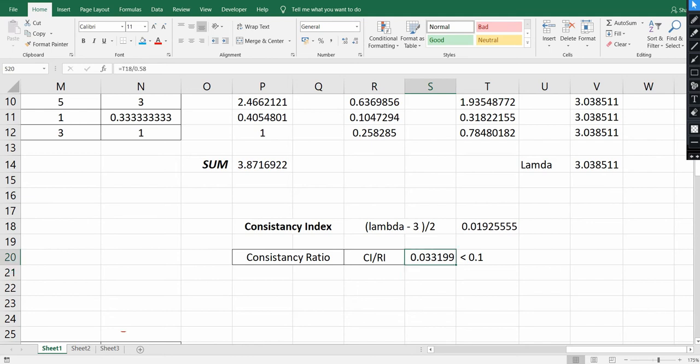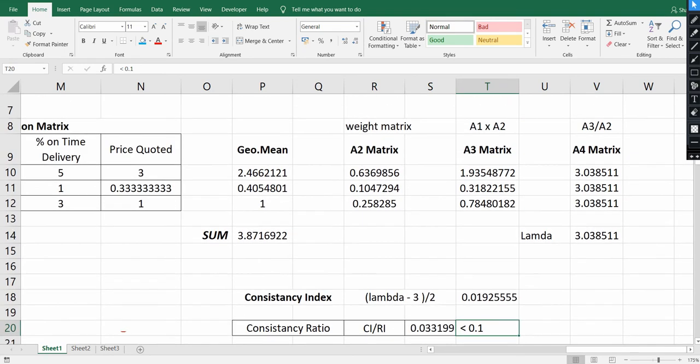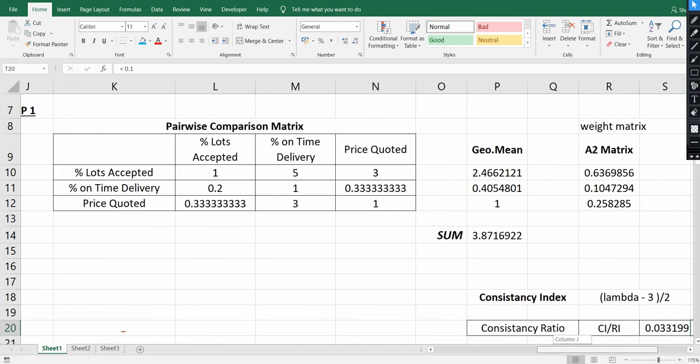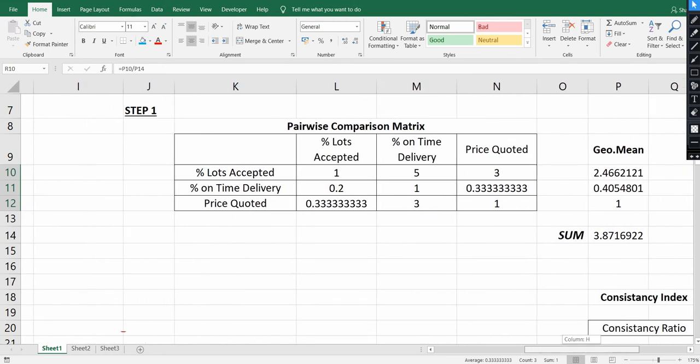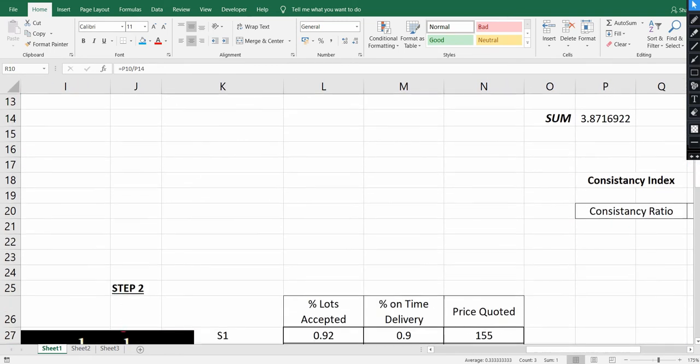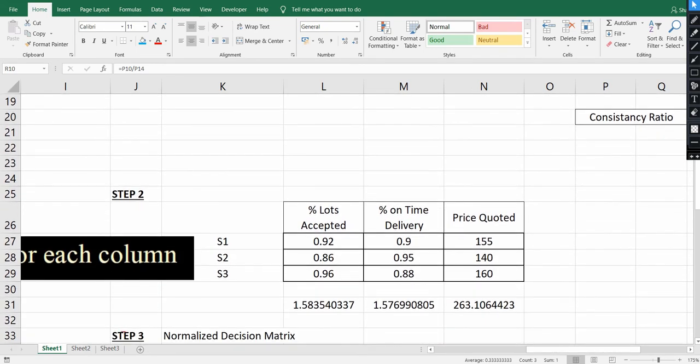It is coming up near about 0.03. It's less than 1, and hence our A1, A2 matrix, all these weights are correct, or we are consistent. Okay. The pairwise comparison matrix is correct. So since we passed our AHP phase, let us move on to step 2, which is the first step in TOPSIS method.